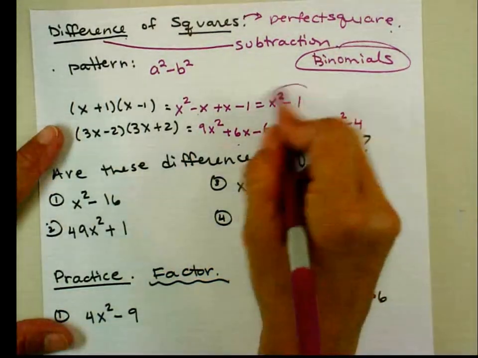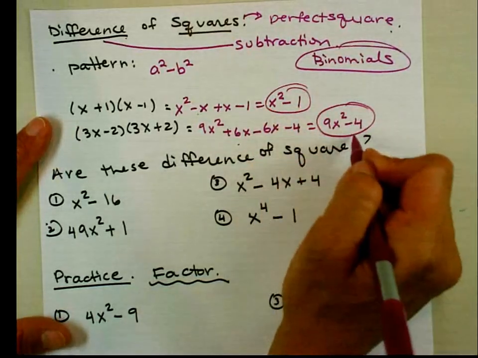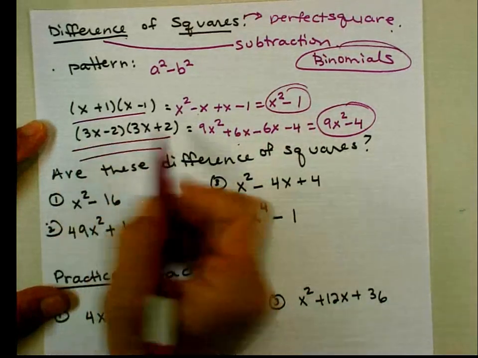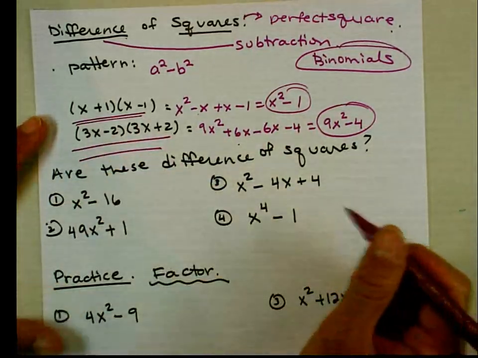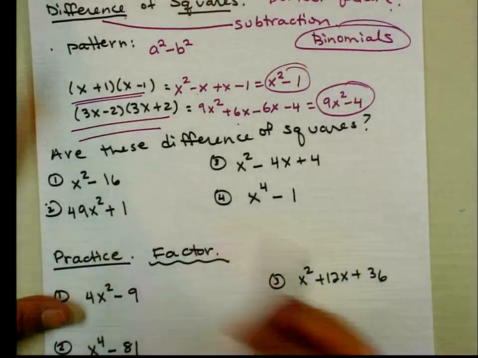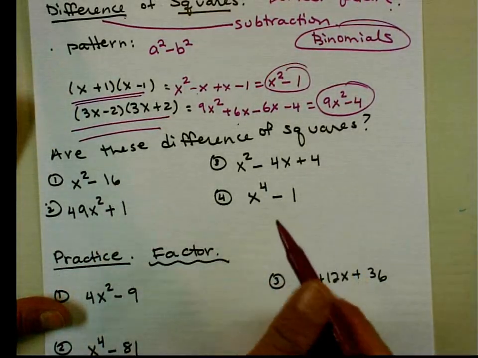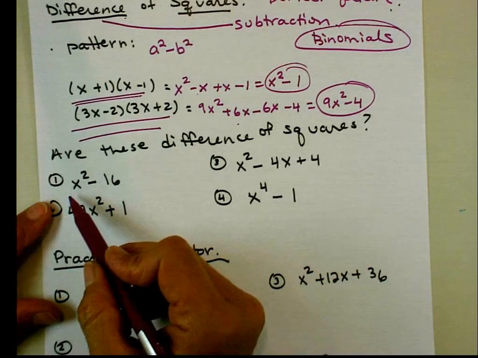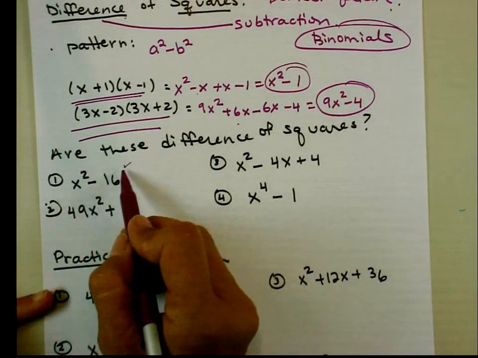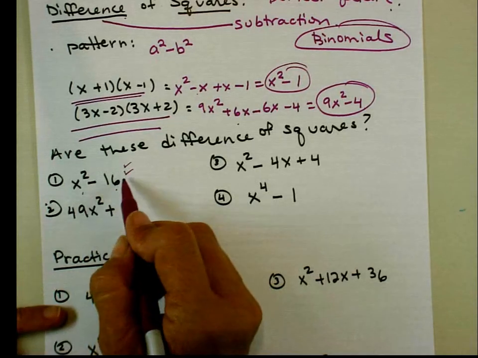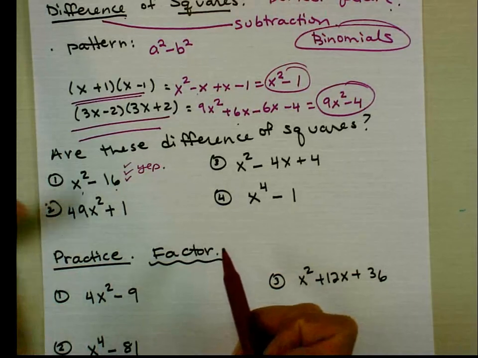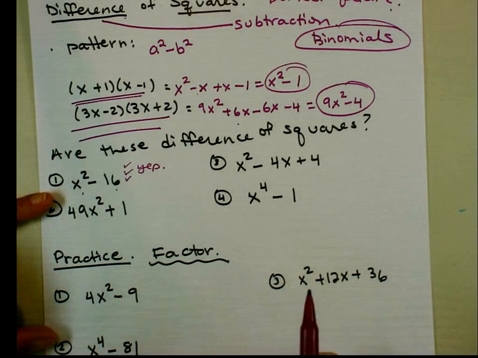Okay, so these are the patterns we're looking for, and when we see them, they will factor like their left sides. Okay, so number 1, are these difference of squares? Do they fit the pattern? So first things first, two terms, check. Subtraction, check. Both perfect squares, check. So yep. How would this one factor? x squared minus 16.